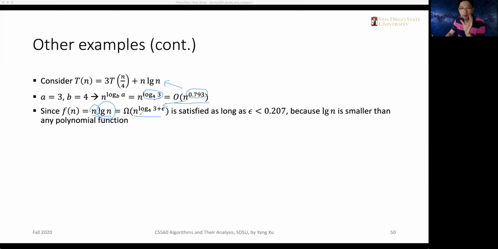Because this value is smaller than 1, right? In one of the previous examples, we have shown that if this is a linear function, then this combination is not polynomially greater than the linear function, right?